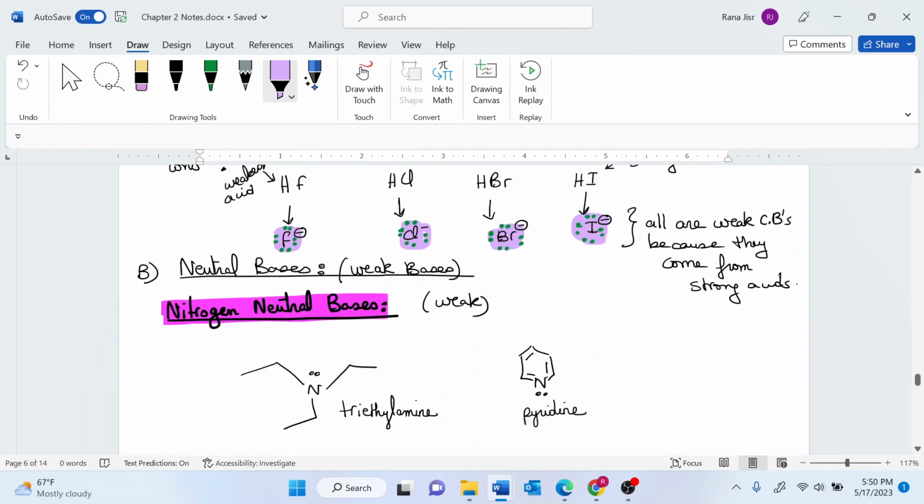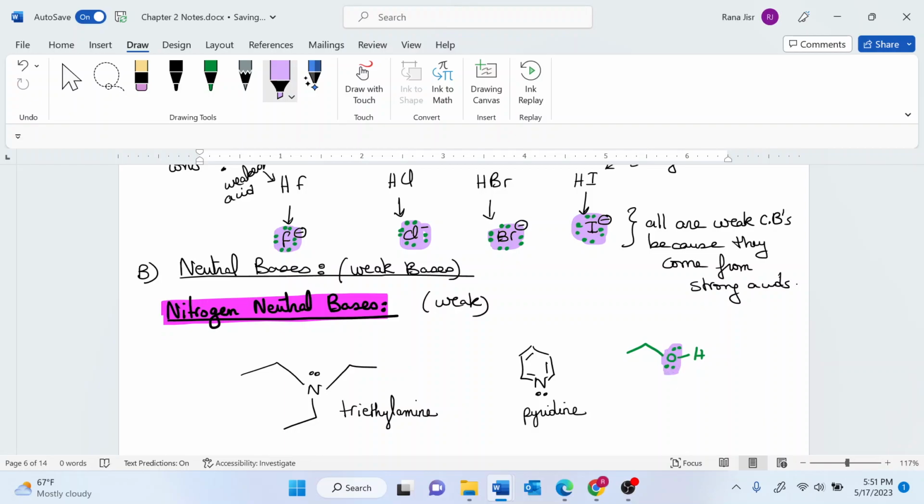The second type of bases are neutral bases, and those are really weak bases. Nitrogen can have zero charge. Oxygen can also have zero charge. So if I have an alcohol, this is going to be my nucleophilic site, and the oxygen has a zero charge.